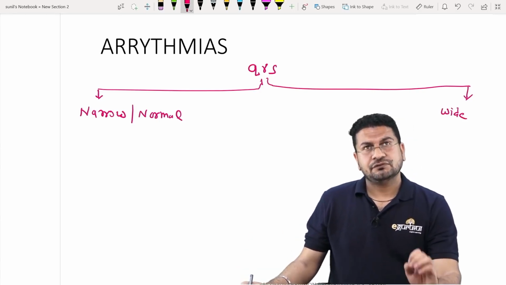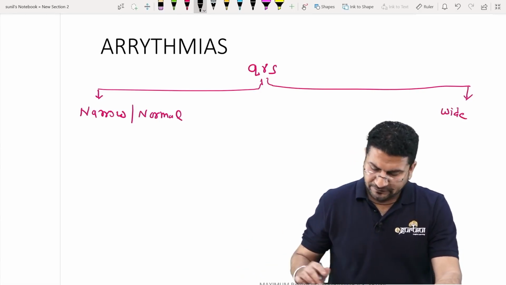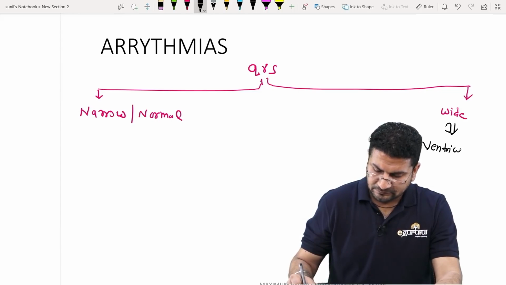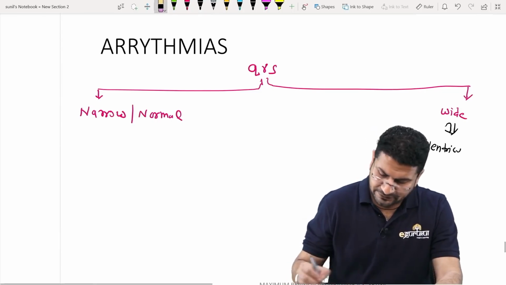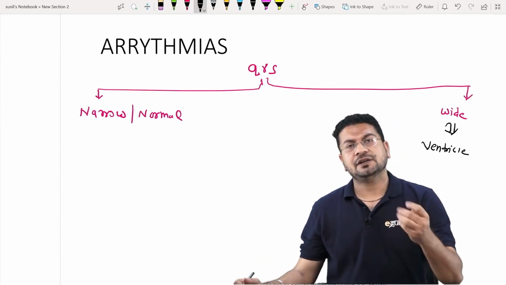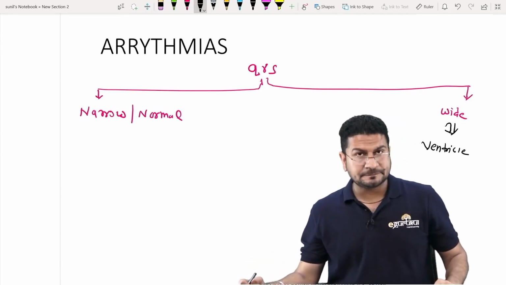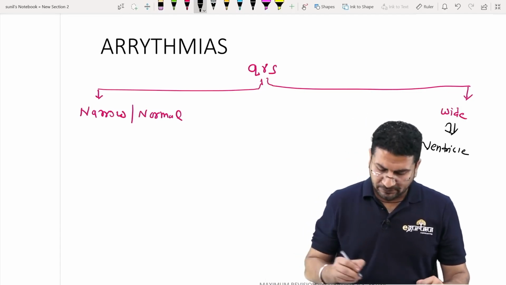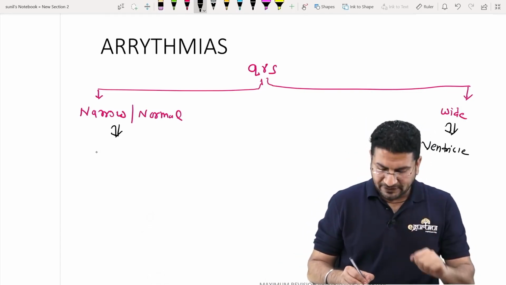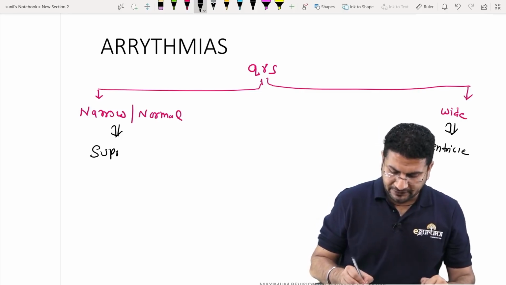QRS is due to ventricular depolarization. If QRS is wide, it means there is a problem in the ventricles, so it is a ventricle pathology. In ECG you will see the P wave. P wave is due to atrial depolarization, QRS is due to ventricular depolarization. If QRS is normal, it means ventricles are normal, so the problem is above the ventricle.